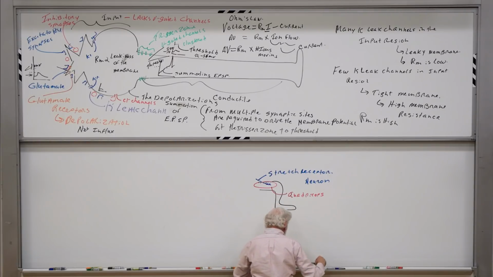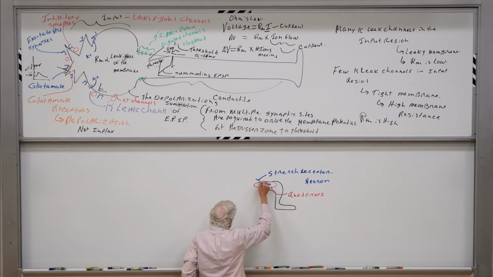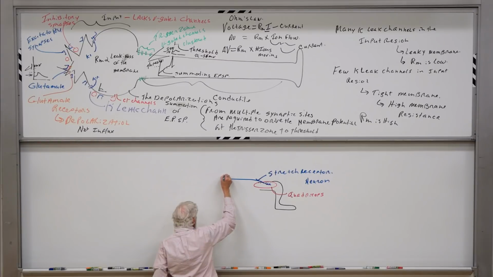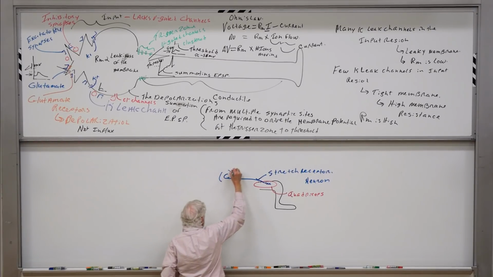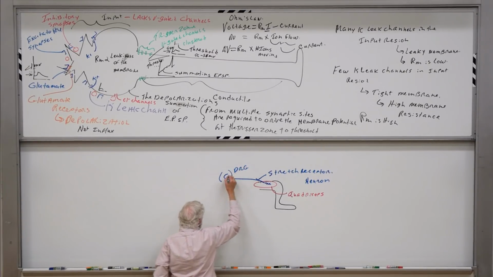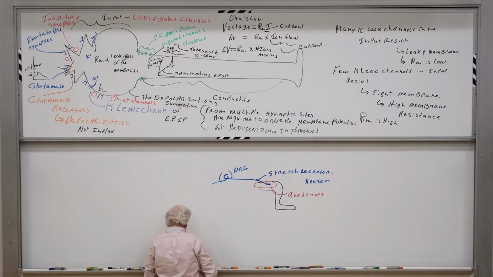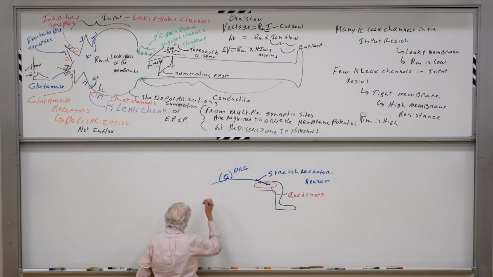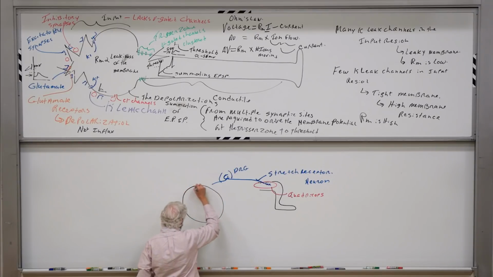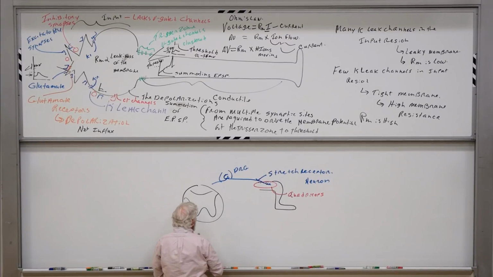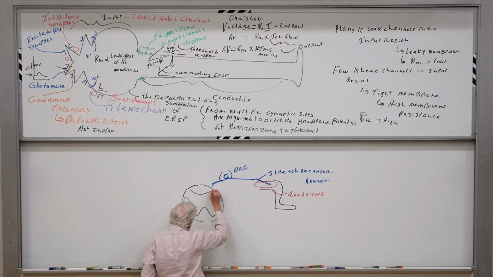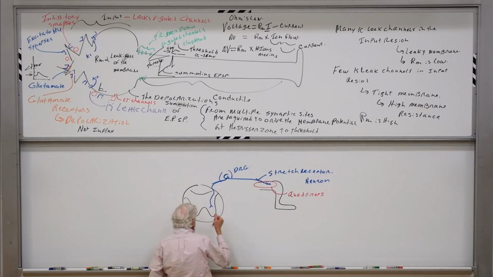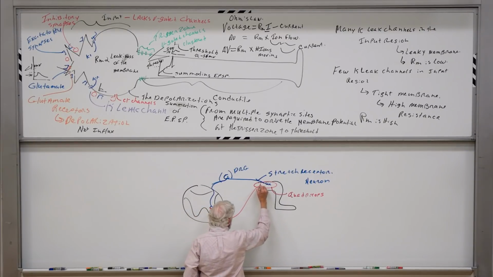And what we're going to do is follow this neuron from the muscle to the dorsal root ganglion, just like we did last time, and then into the central nervous system, where this neuron now is going to send a process into the central nervous system, and it will synapse directly onto a lower motor neuron, and this lower motor neuron now will send a process out and back to the muscle.